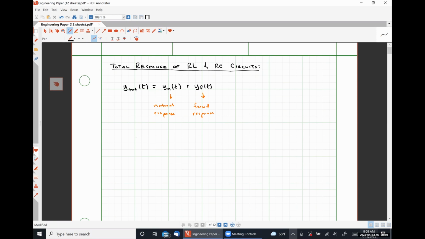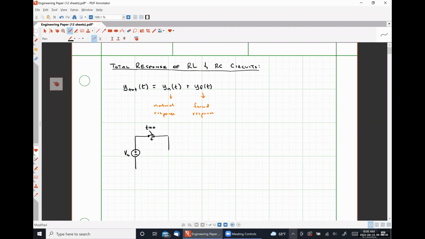So if we have a circuit that contains a voltage source Vs, and then we have a switch, and this time our switch is going to be closing at t is equal to 0.